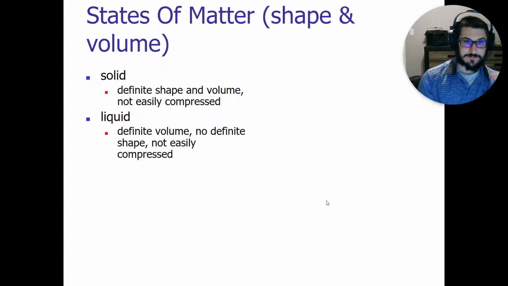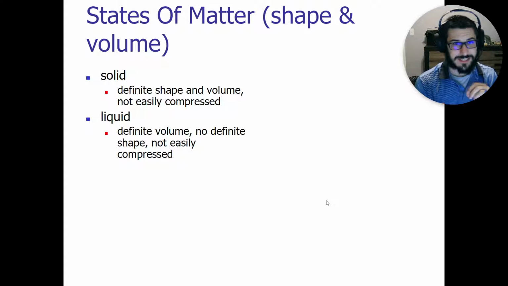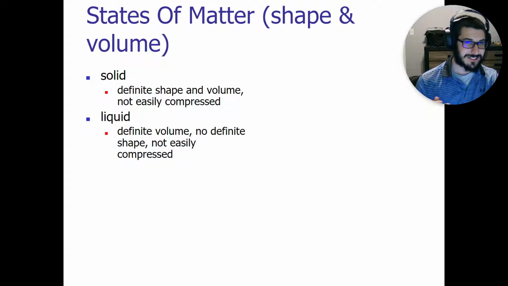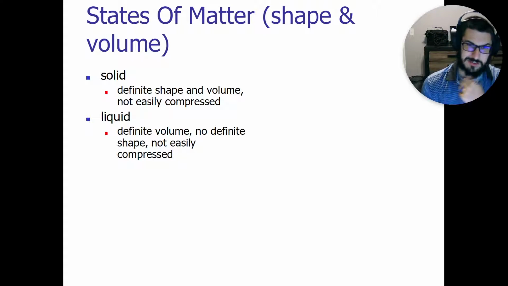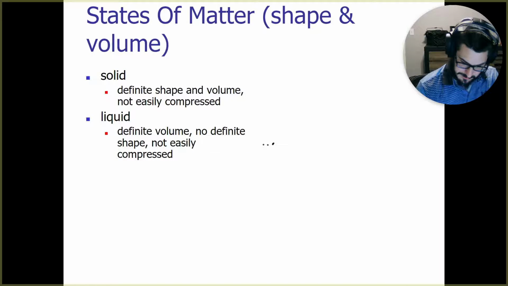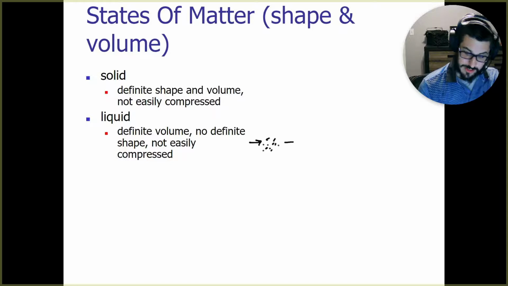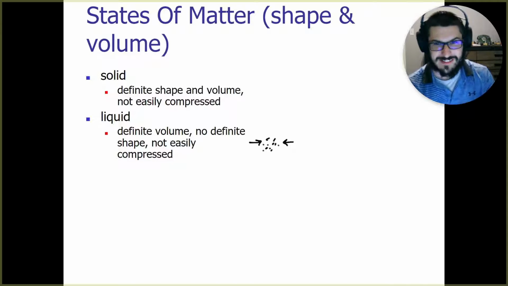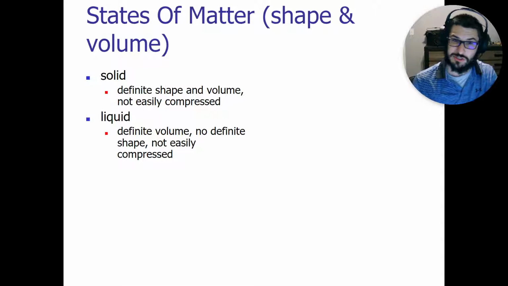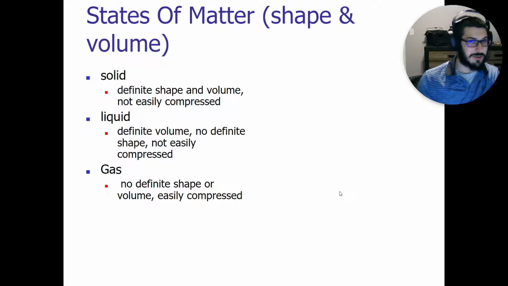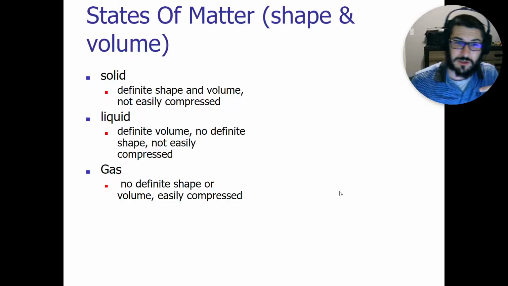In a liquid, you've got definite volume and no definite shape because it can move around a little bit easier, but it's still not easily compressed because you've got the liquid particles also fairly close together. They're just not in quite an organized pattern, but if you try to push them, they don't have much space to get any closer to each other. A gas, no definite shape and no definite volume.